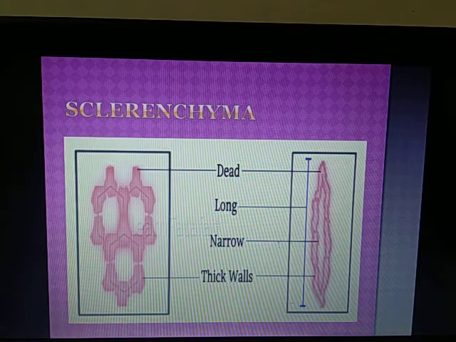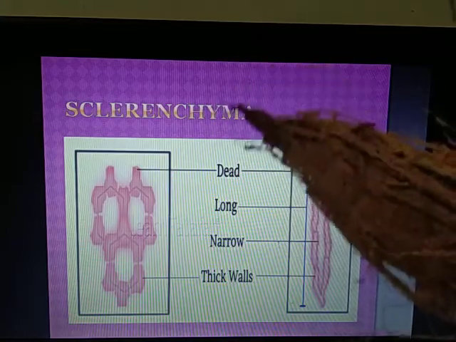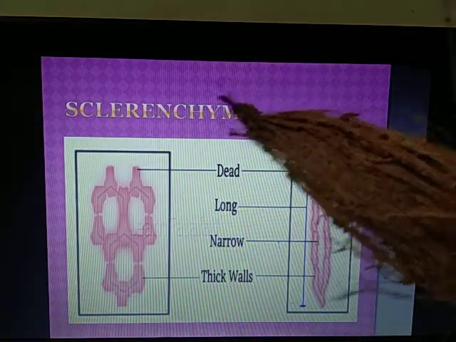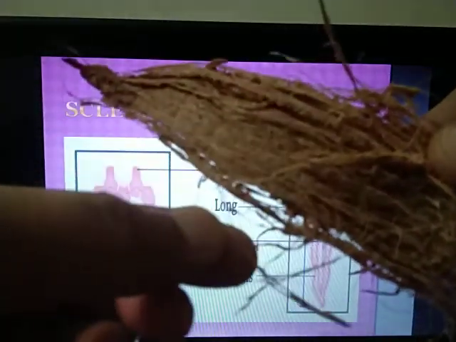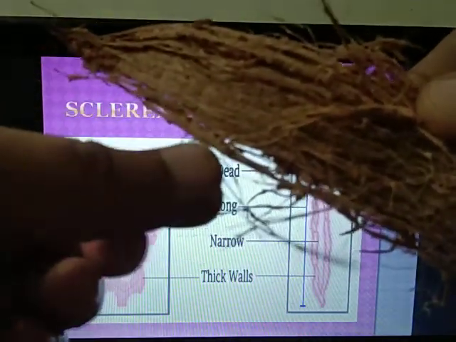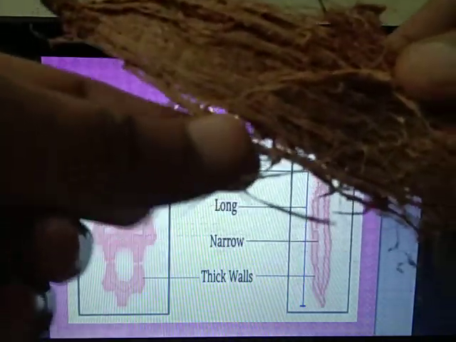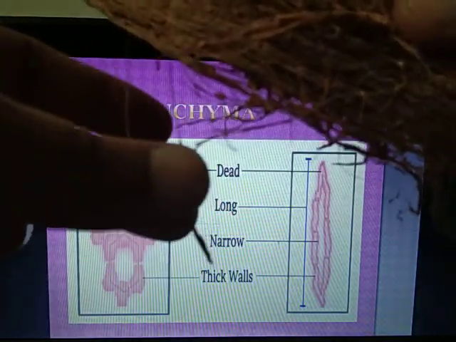Now I can show you where it is present. Here is the coconut husk, and it has the deposition of lignin. You can see the dust particles come out. These are depositions of lignin, and due to this the tissue is hard, and the cells are pointed, as you can see.